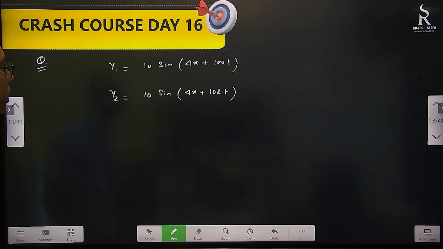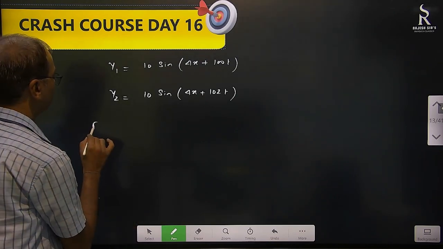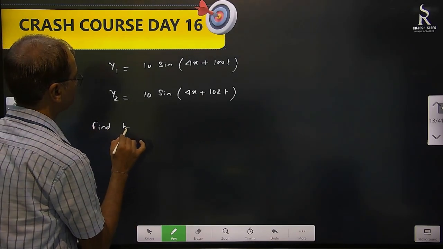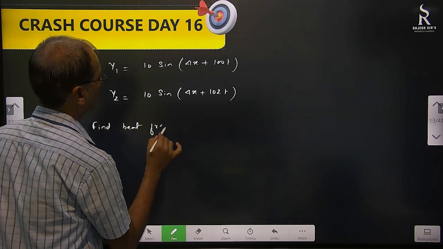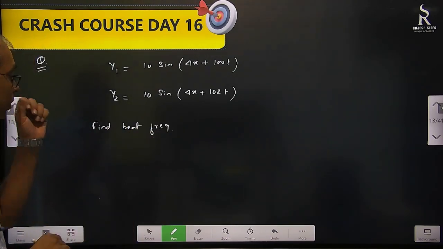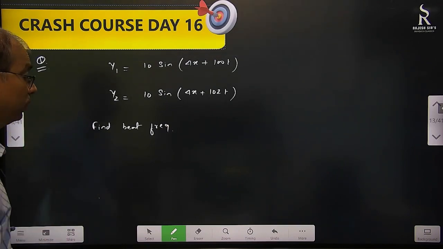So two wave equations are given. They are asking to find the beat frequency. Beat frequency means we have to find the difference between the frequencies of two waves.